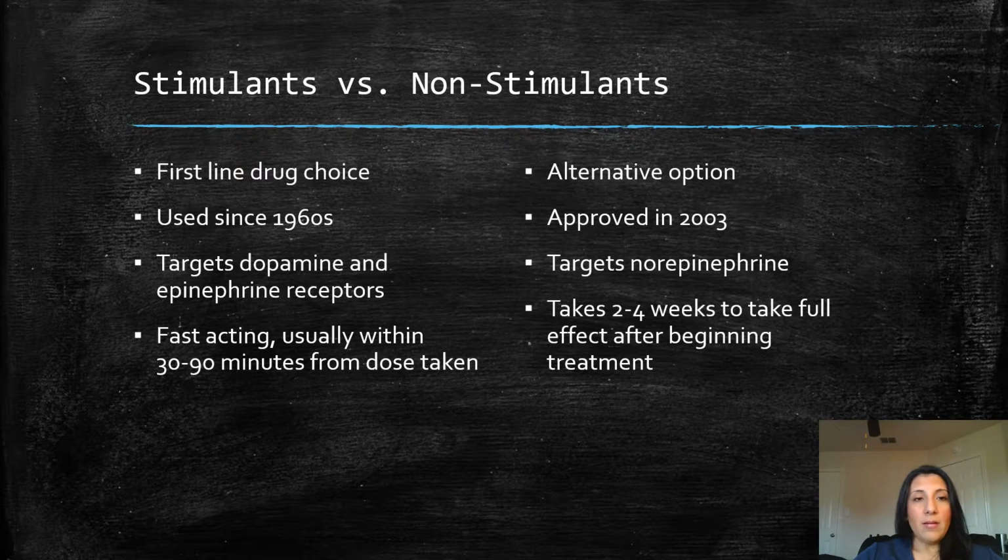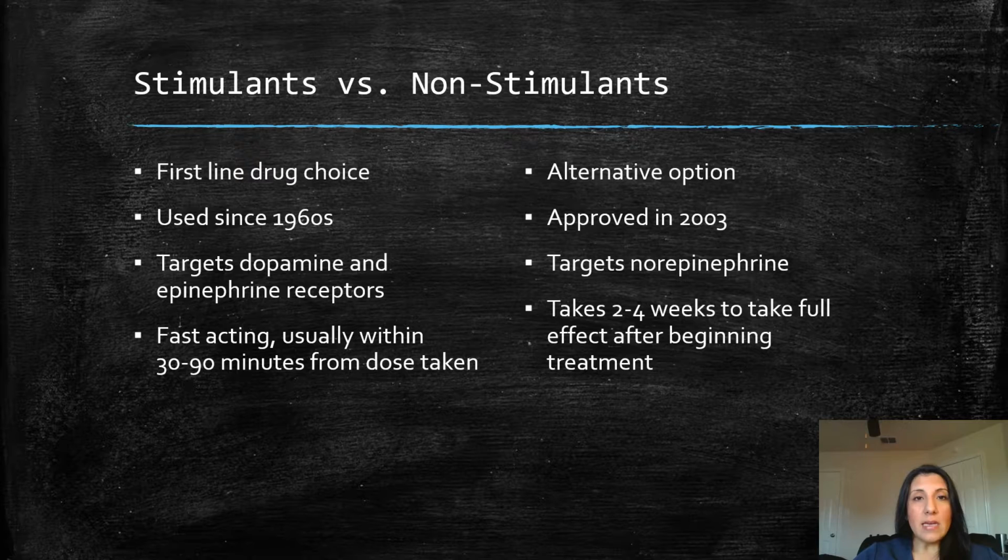So to compare stimulants and non-stimulants, stimulants are the first line drug of choice. They have been around and used since the 1960s. These medications target dopamine and epinephrine receptors and are usually very fast-acting medications.